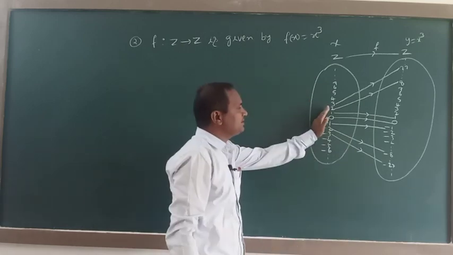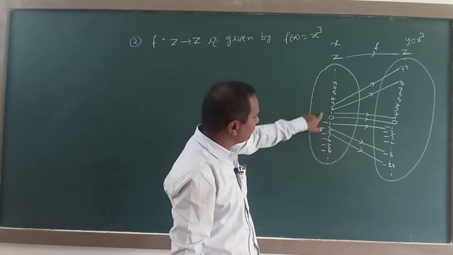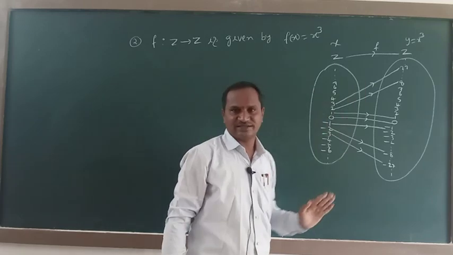If you move like this, the mapping is finished from all these elements. At the same time, different elements have different images.